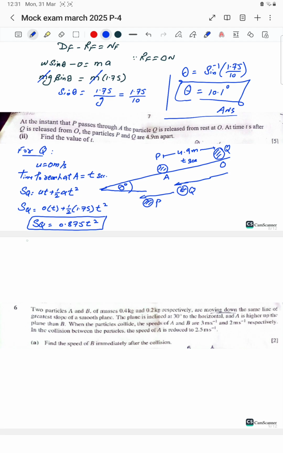Now we go for the other particle, P. Particle P was initially at rest, u was 0 meters per second.